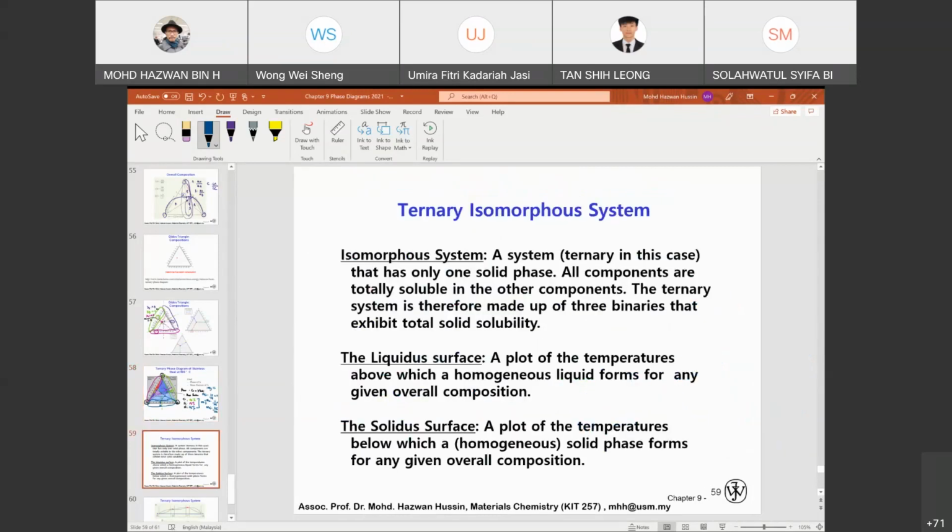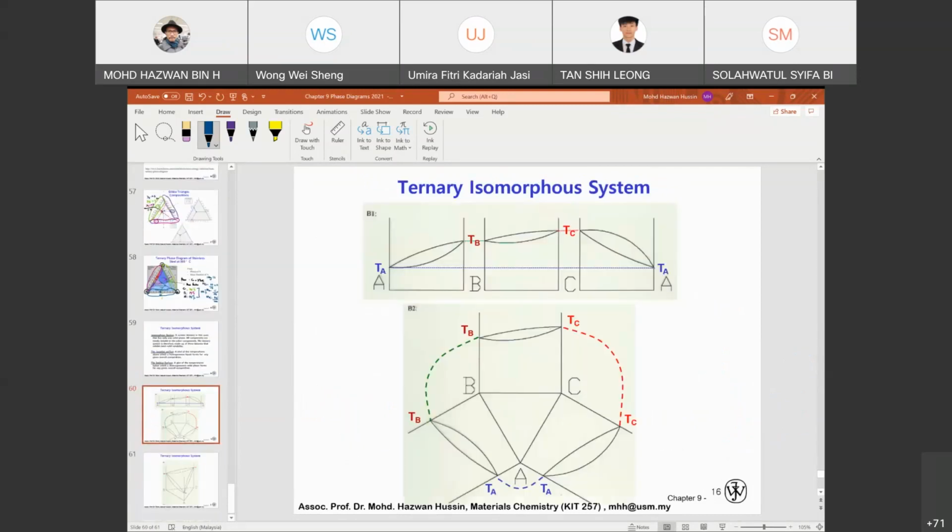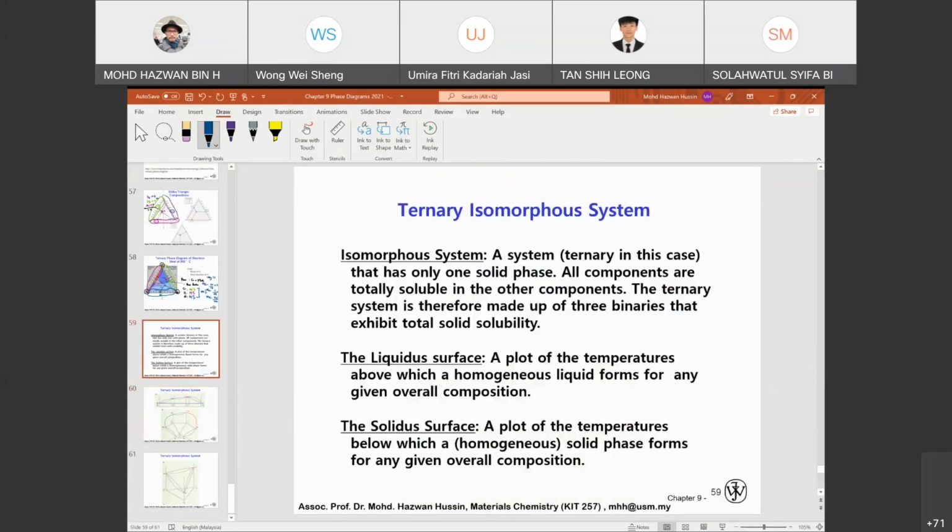So we are going towards the end of our lecture. It's just to see a variation of the ternary system. You have an isomorphous system for a ternary phase diagram, a system that has only one solid phase. All components are totally soluble in the other components. A ternary system is therefore made up of three binaries that exhibit total solid solubility.